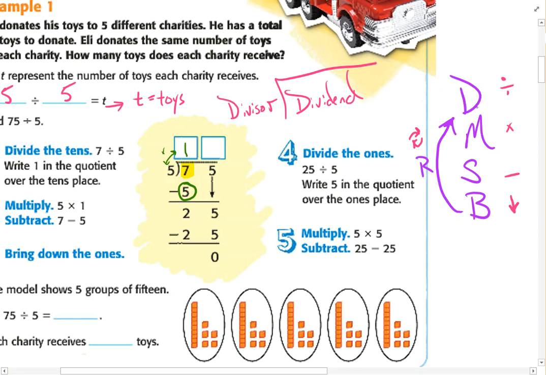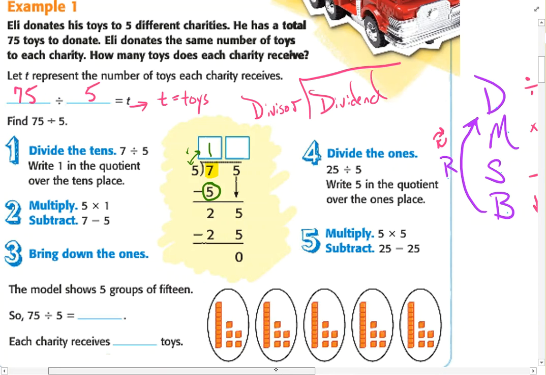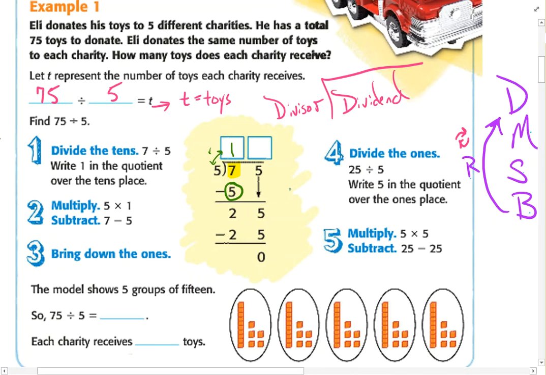You might also think of this as a division family: dad, mom, sister, brother, and the dog named Rover. However you remember your order, divide, multiply, subtract, bring down, repeat. That is our long division steps.